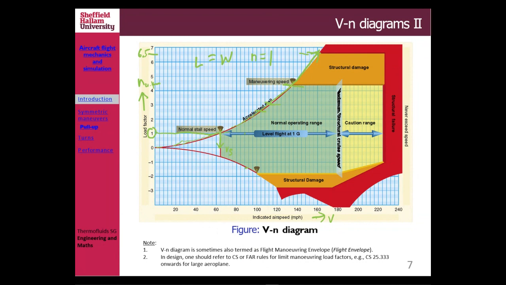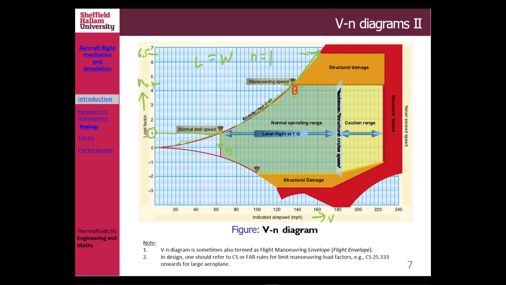But of course, if you talk about the point that limits the maximum G-force, let's call it point B, for example. I'd better use the red because it's not very clear in that. If you talk about point B there, sometimes people call it a corner point or a corner speed, which is the limit of load factor and the maximum lift that your aircraft should fly.